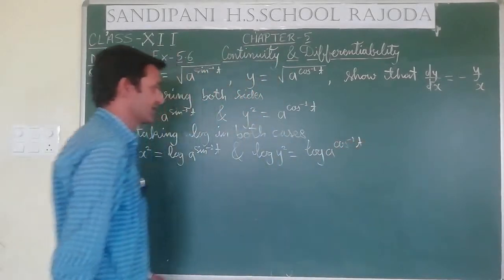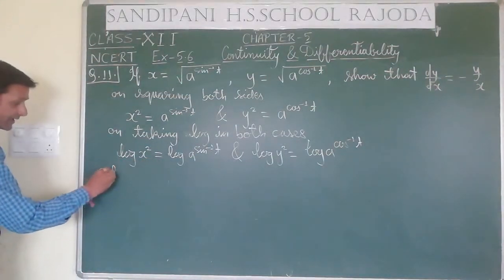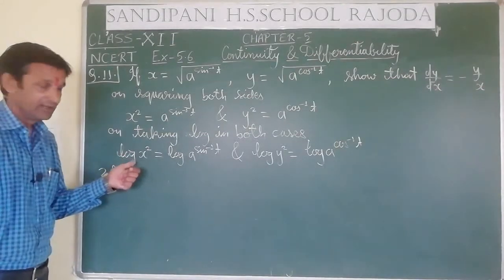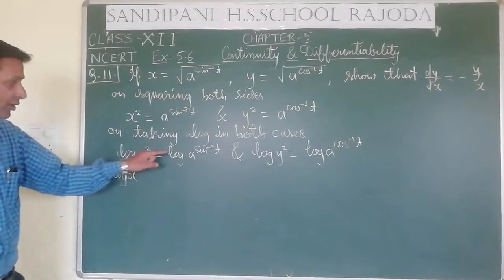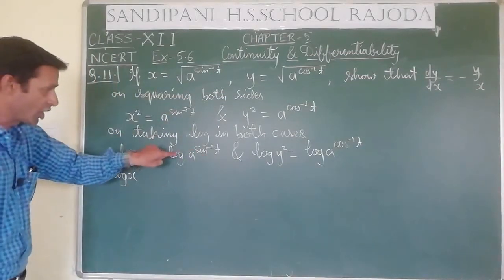So by this what we get? 2 log x, because log m raised to the power n we can write as n log m. Here also log m raised to the power n, we can write n log m.